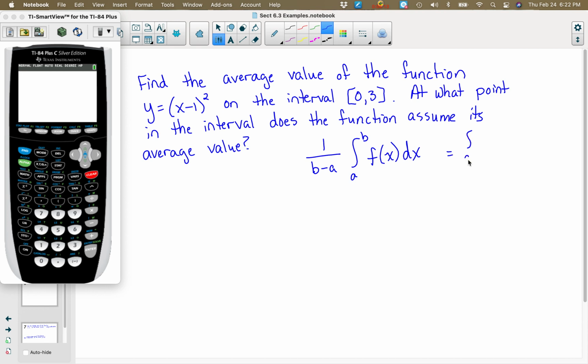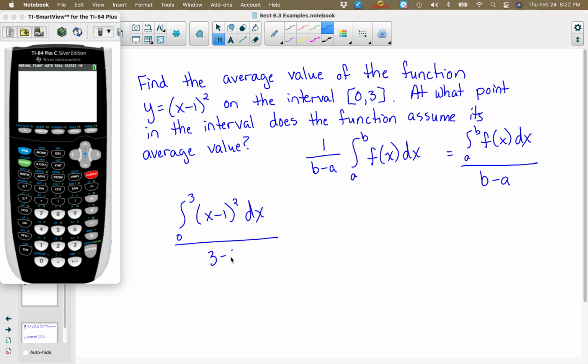I tend to do it like this instead, where you're dividing by b minus a. It really doesn't matter because those are the same thing. So we're going to take the integral from 0 to 3, x minus 1 quantity squared dx, and divide by 3 minus 0, which is 3.